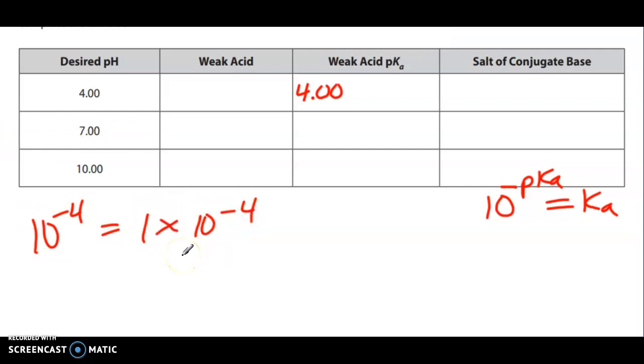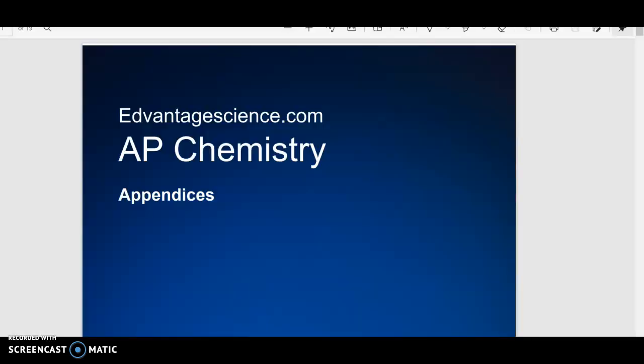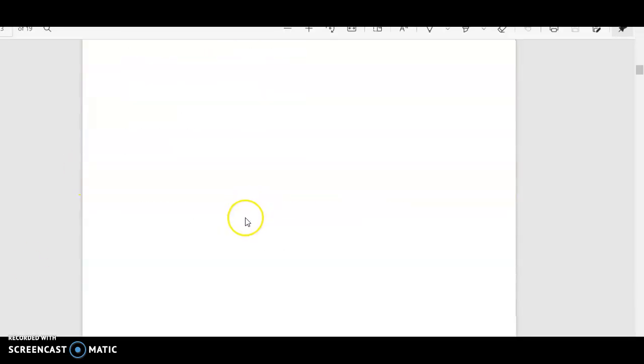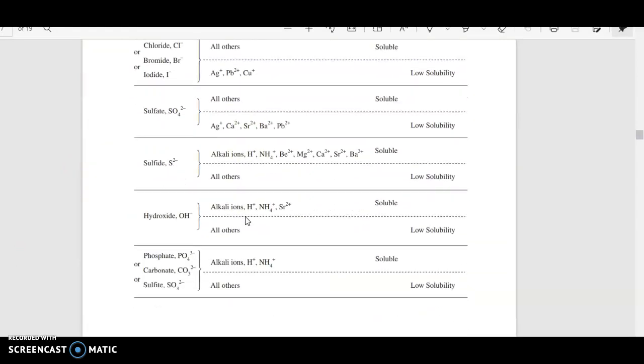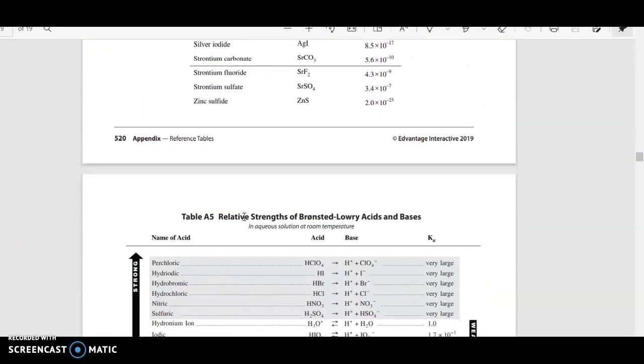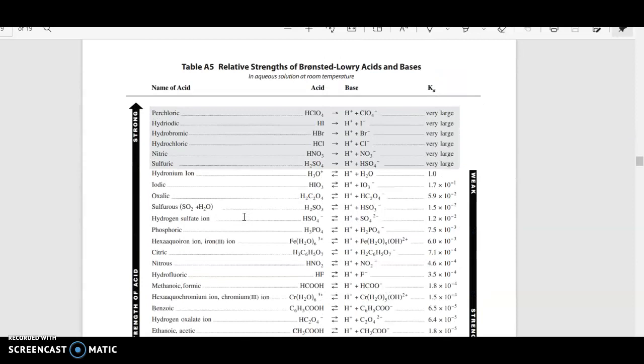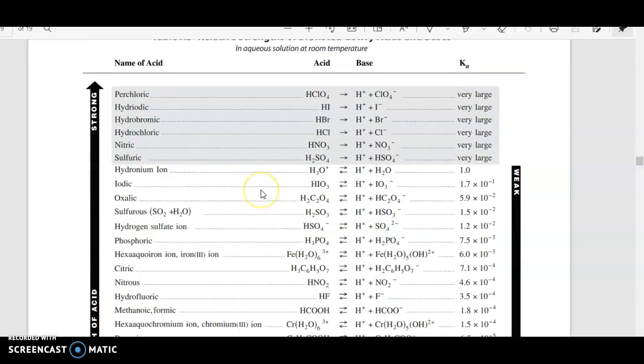We would look on our table, and I'm going to try and pull it up here so we can do this live. Okay, we need our weak acid chart. Let me zoom in a bit.